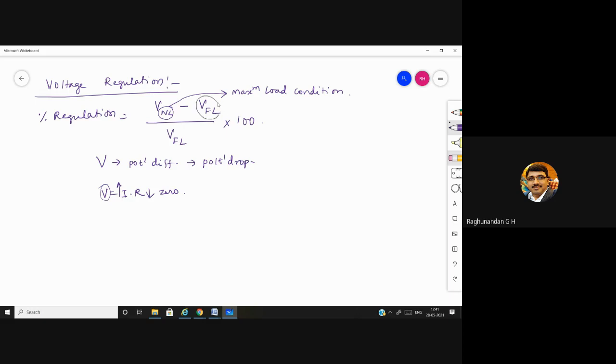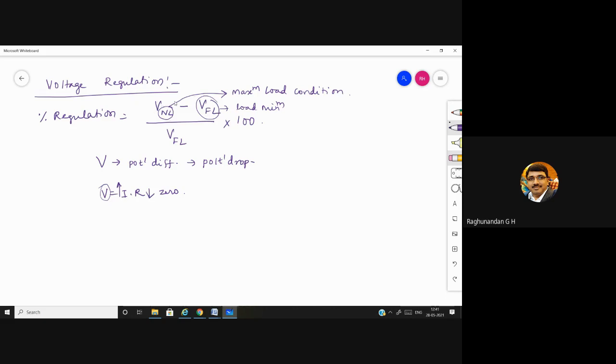Full load means it is the voltage drop when the load is minimum. Okay, don't get confused. No load means it is just reverse, maximum load condition, because this has to be voltage maximum.